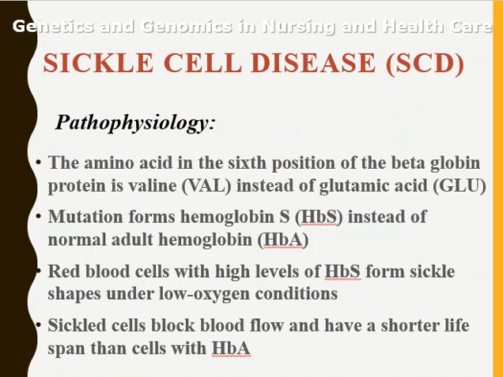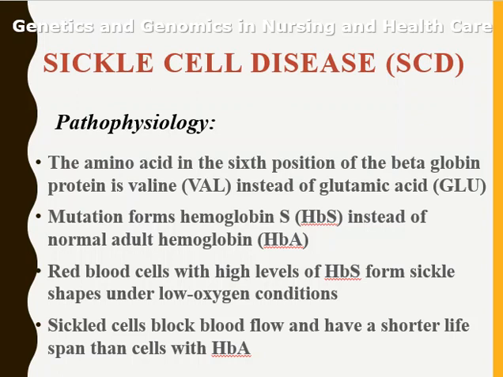Okay, pathophysiology. The amino acid in the 6th position of the beta globin protein is valine instead of glutamic acid, as we saw in that previous picture. That mutation forms hemoglobin S instead of the normal adult hemoglobin. Red blood cells with high levels of hemoglobin S form sickle shapes under low oxygen conditions.